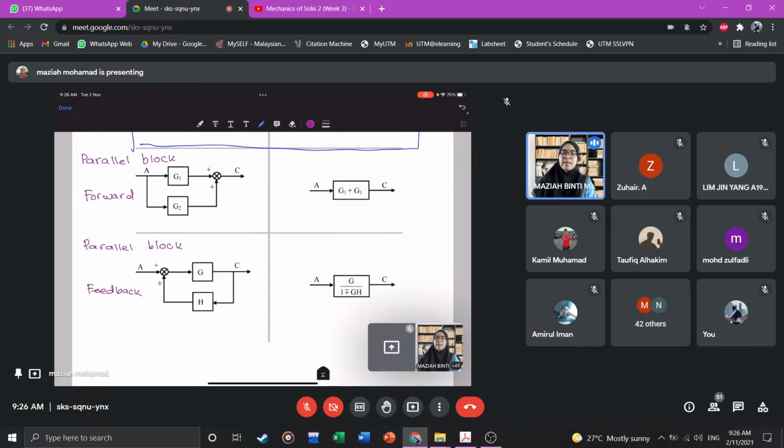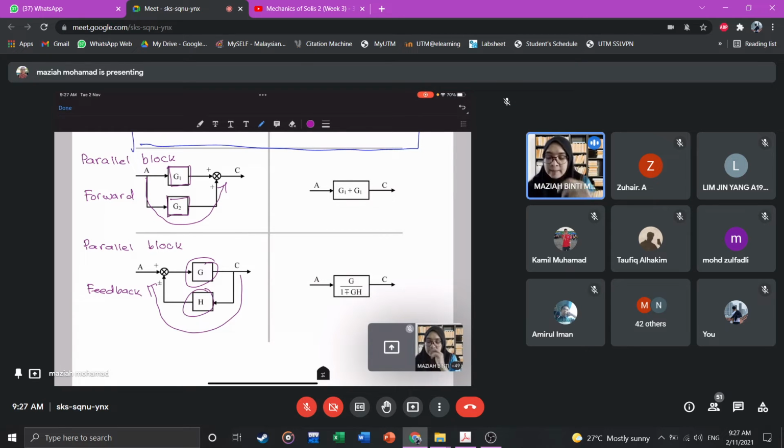You can see there are 2 blocks that are in parallel, but this one here is forward. Toward the output is forward. As for this one, this is also parallel, but here we have a feedback. We feed to the back, so it is feedback, right?